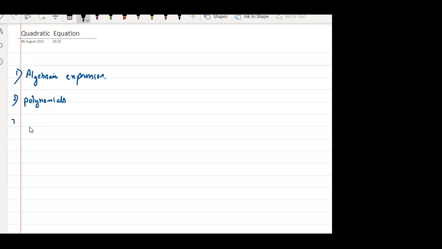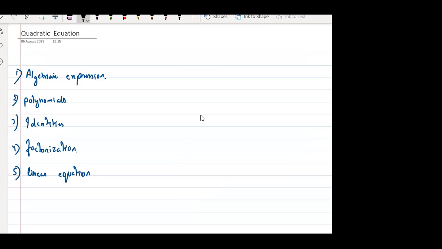Then identities. Then factorization. Then linear equations. So this is the order that we have followed till now.